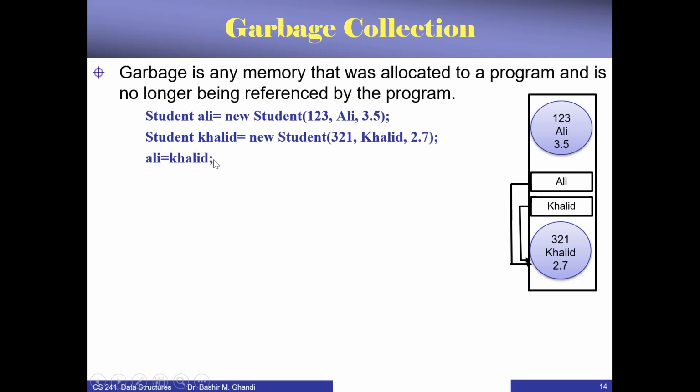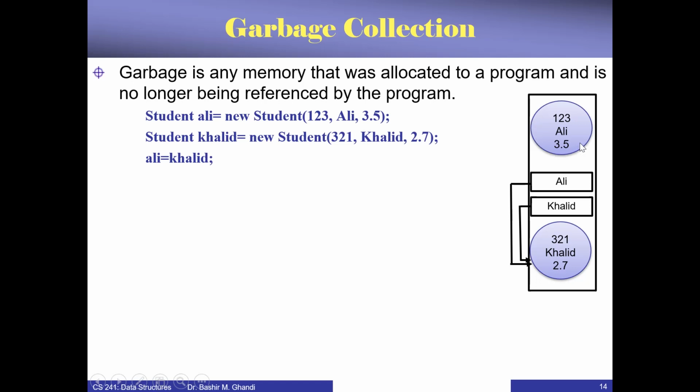Basically, what you are saying is assign the address of Khalid to Ali, meaning Ali will also point to the same object as Khalid. The issue here is that the original object of Ali now has no reference pointing to it. It was being pointed to by Ali, but now Ali is pointing to the other object just by making this assignment.